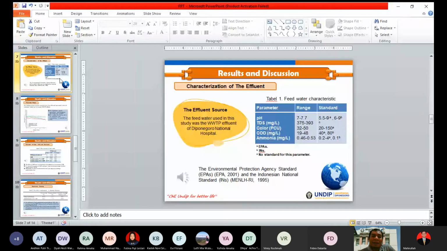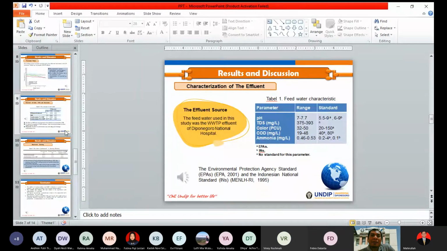Yeah, I think color might be too easy to understand whether the total dissolved solid or total suspended solid, how it will affect the color, right?